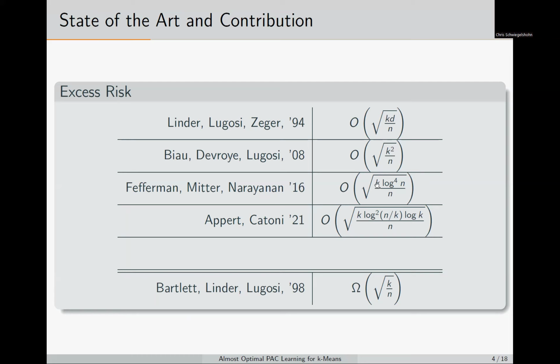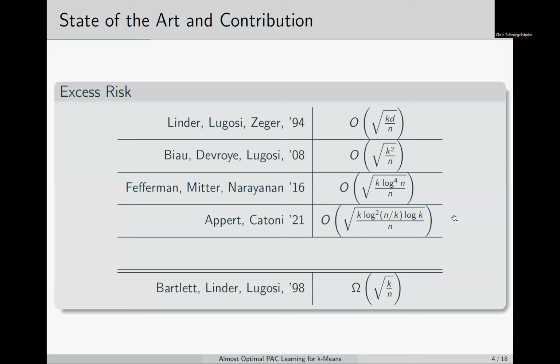So they managed to prove essentially a linear convergence rate in terms of square root of K and n, with only a slight loss in parameters in terms of these log factors here.